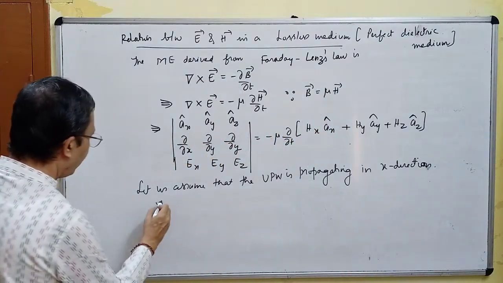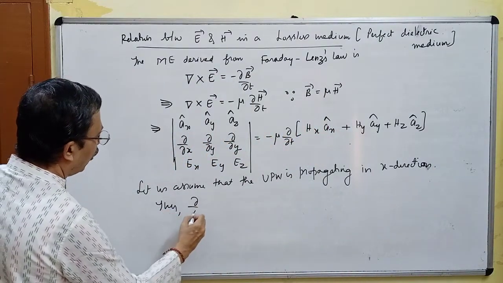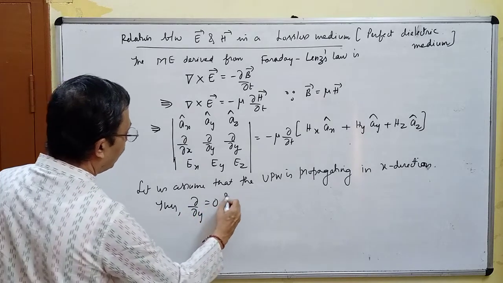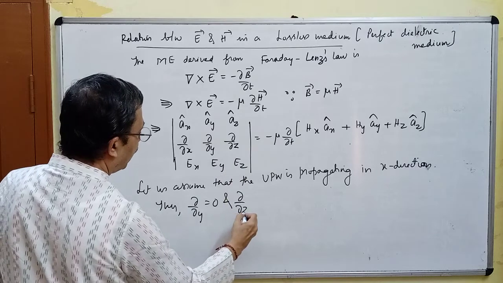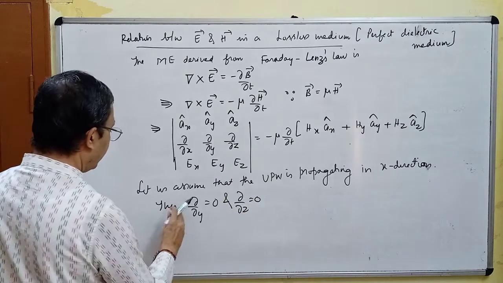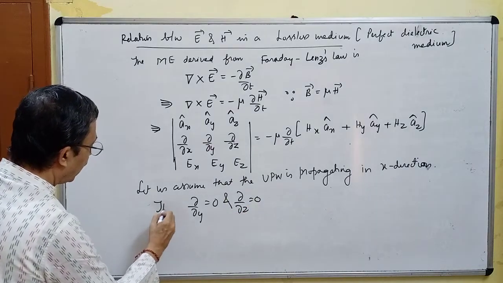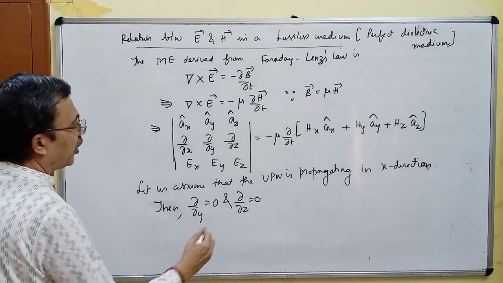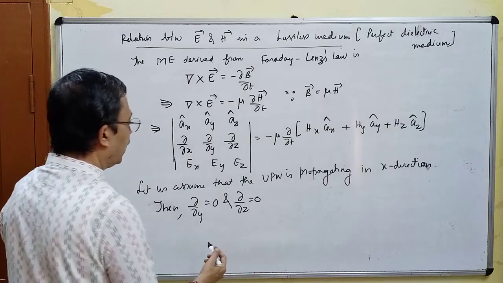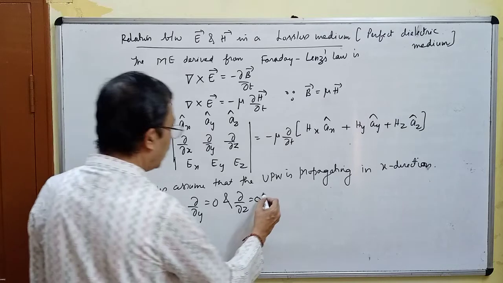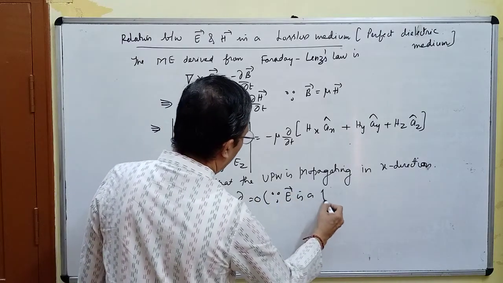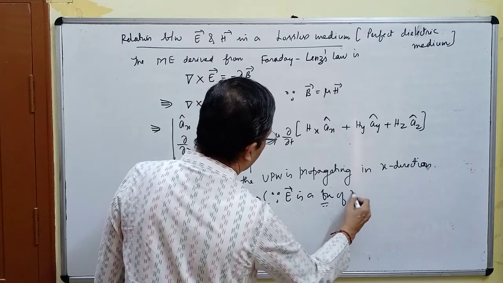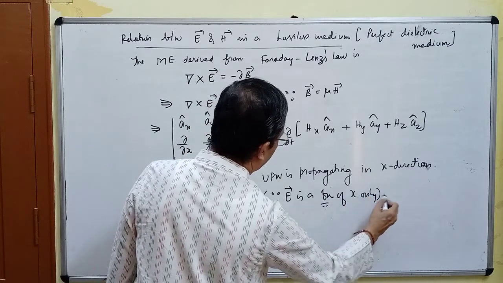Then dou by dou y equals 0 and dou by dou z is equal to 0. Why? Because vector E is a function of x only.